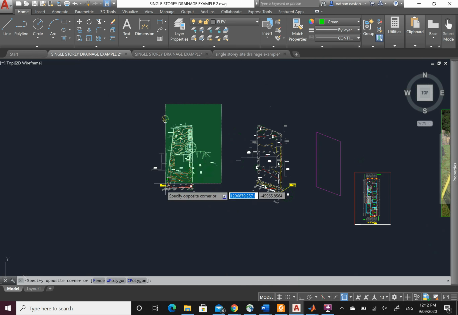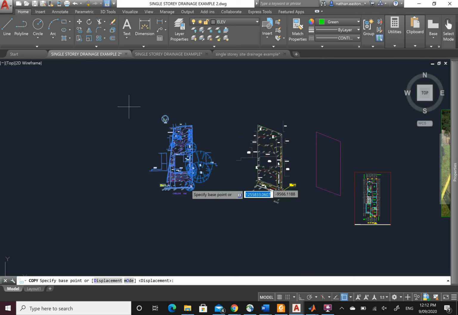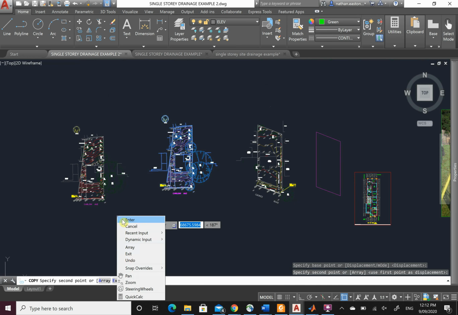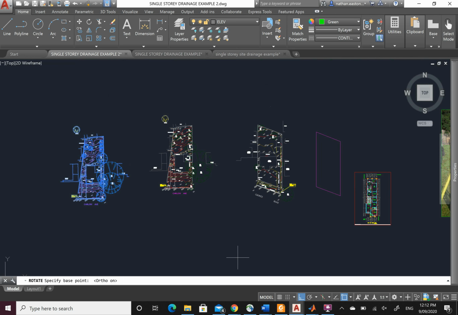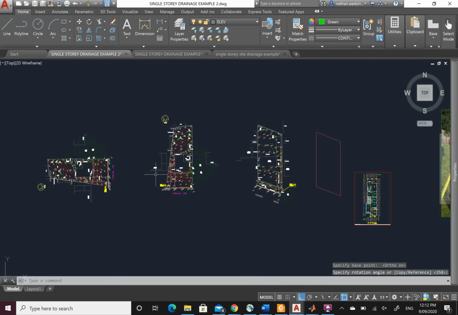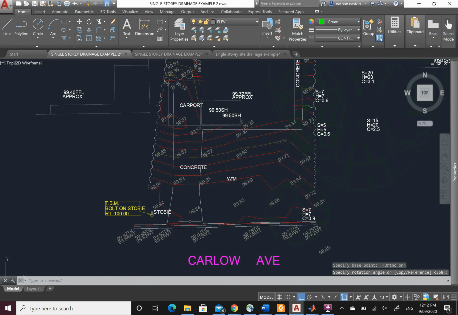So let me just copy this one so we can have a look and see what's happening to the land. I know the numbers can be a bit difficult to interpret.